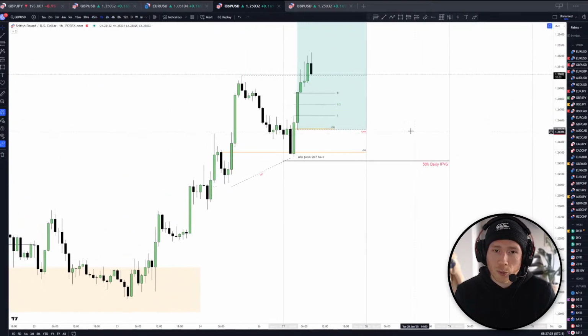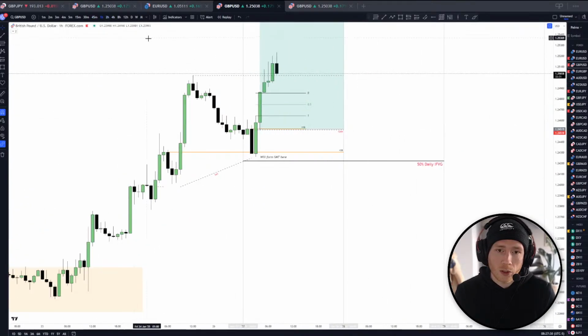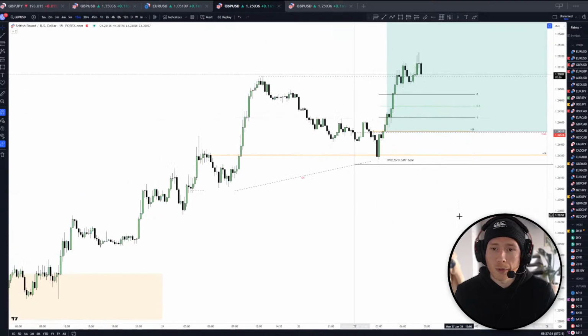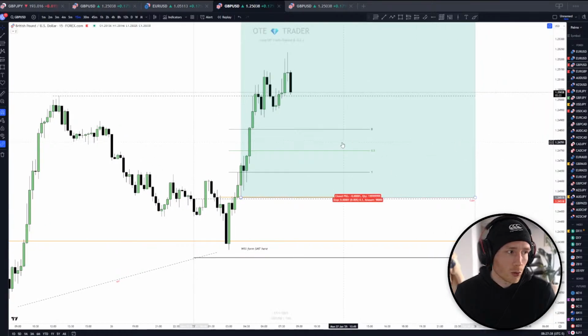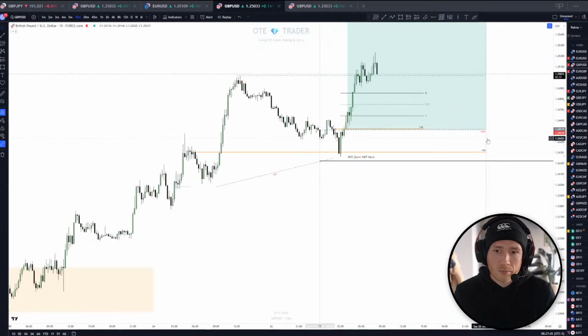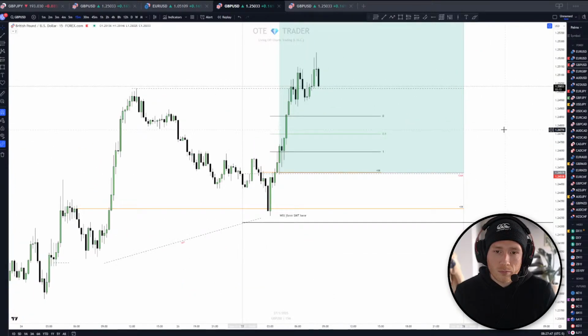We're gonna get a retracement probably. It looks like we're gonna set up for a retracement. We're probably gonna bottom out here, and then it's gonna be a continuation. Let me do one little thing here.